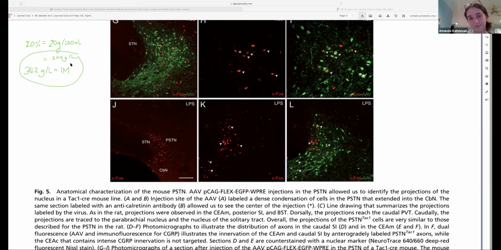Okay, so then what is it? You just have to do like, oh, I'll grab a piece of paper. 200 over 300 equals x over 1, right? 342 to be precise.